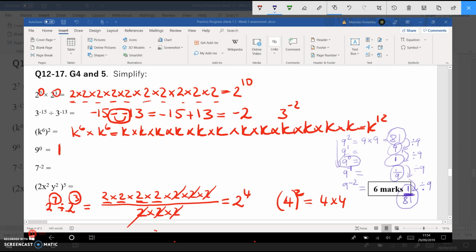If you increase the power, so you go to 1, then that means you're multiplying that number by the base, which is 9. But if you decrease that power to go to minus 1, that goes to a fraction, 1/9. So 7 to the power of minus 2, following the pattern, will be 1/49.